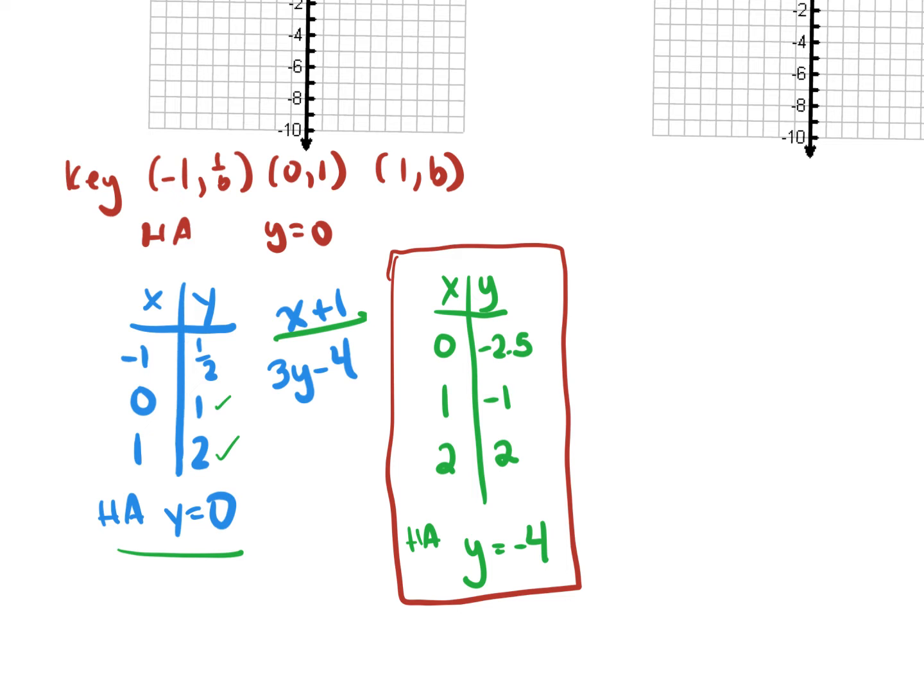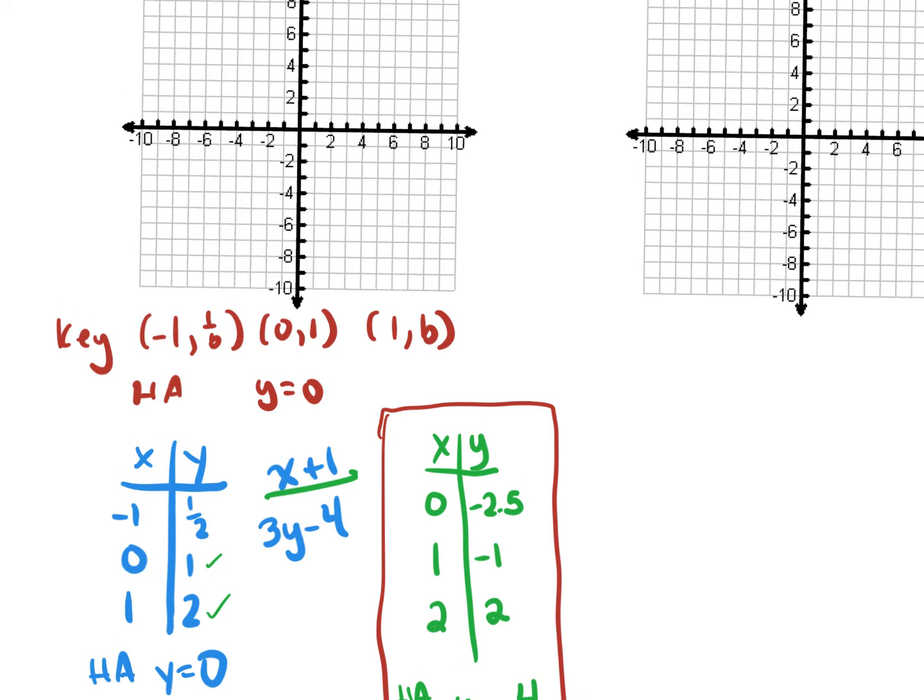So now if I want to pop up here, I can graph it and kind of see what it looks like. So I know it's going to have a horizontal asymptote at -4. So it's going to look something like that. We're going to have points at (0, -2.5). That's that point there. (1, -1) is there. And (2, 2) is going to be there.